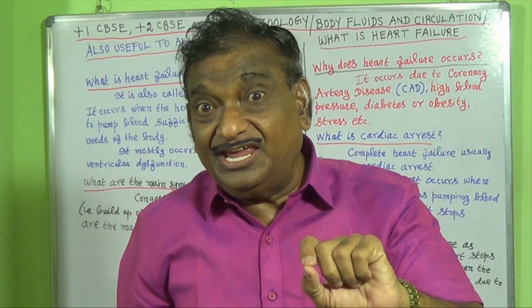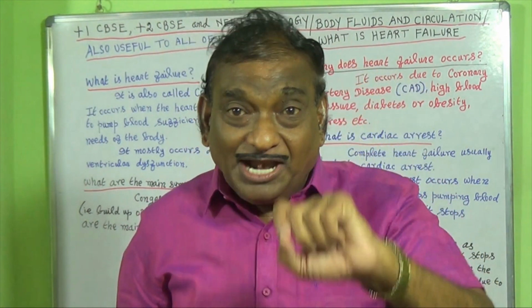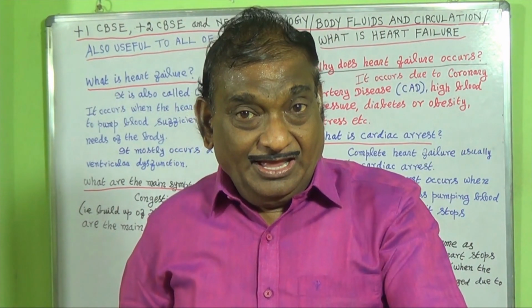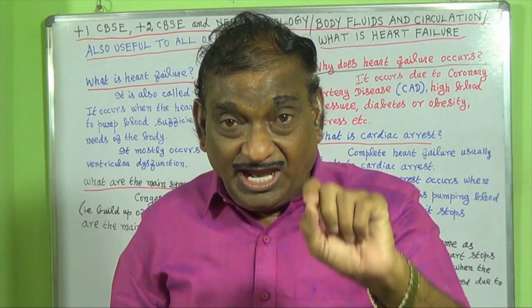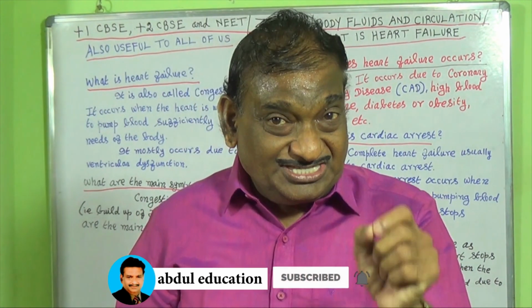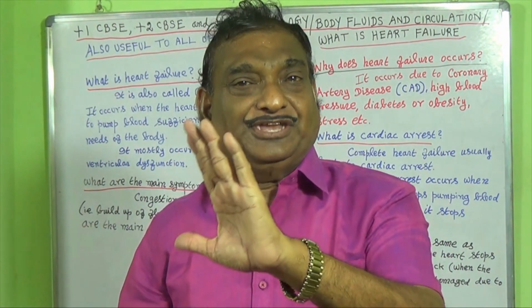All veins carry impure blood, that is deoxygenated blood, except the pulmonary vein. This pulmonary vein carries the pure blood, that is oxygenated blood, from the lungs to the left atrium.